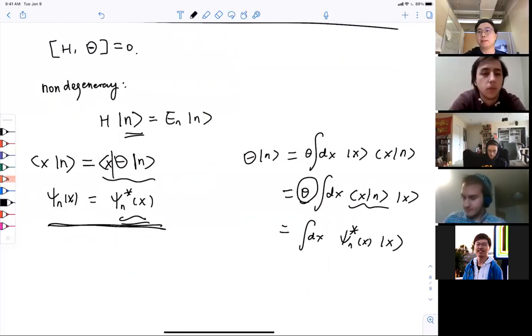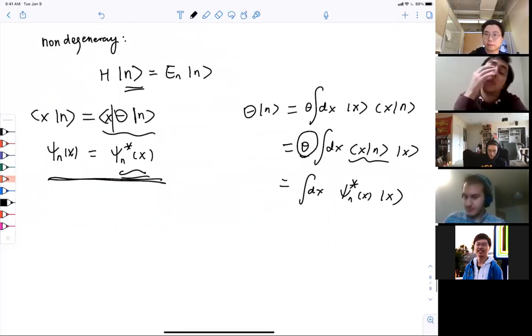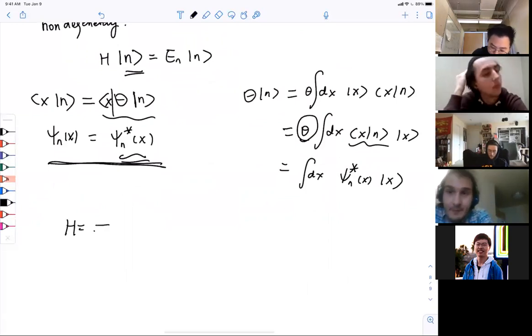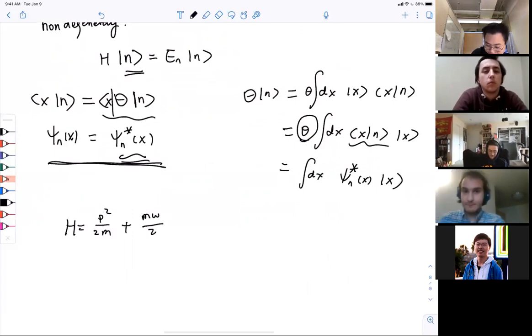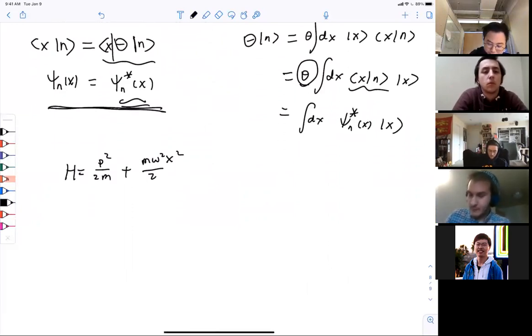You can also look at some examples. For example, the same example, the harmonic oscillator. Of course, this Hamiltonian commutes with the time reversal.